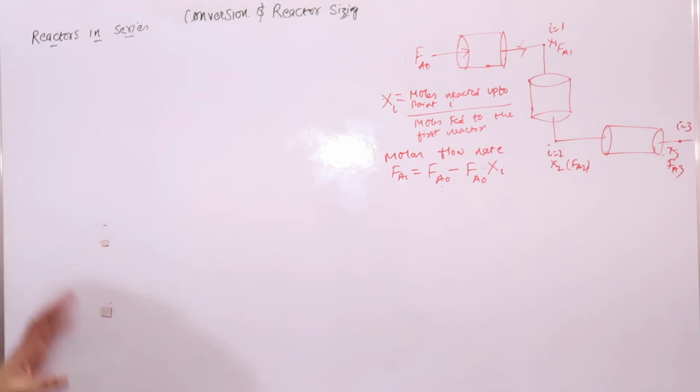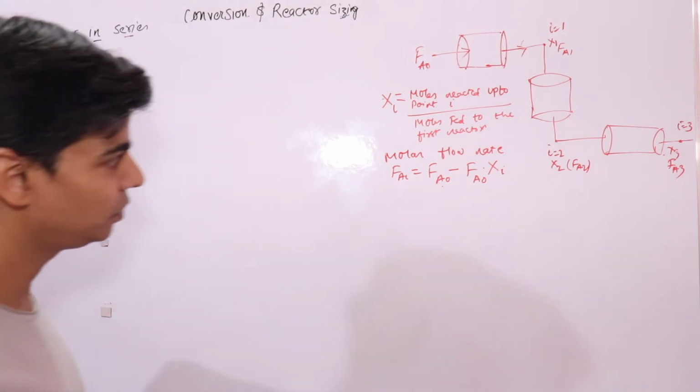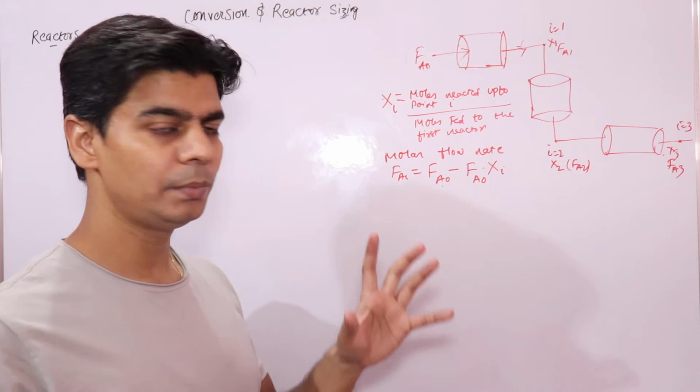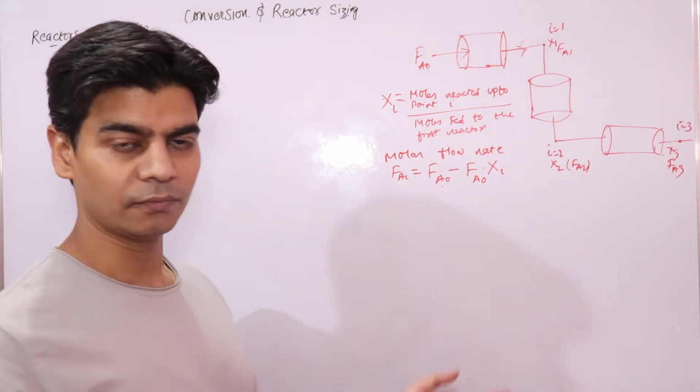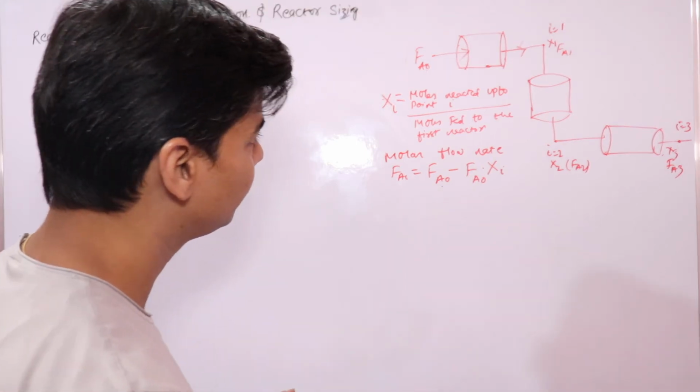Right? So these are two important things that we will be using, and we would be using the mole balance equations that we have already done in the previous lectures, right?